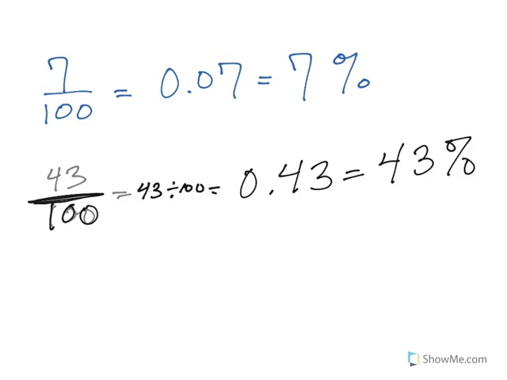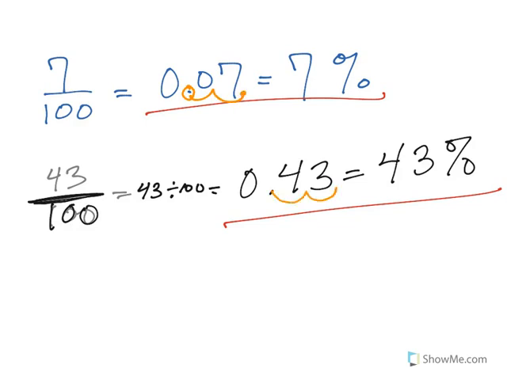So let's look at the connection here between the decimal and the percent. You'll notice if I take my decimal point and I move it to the right 2 places, I get the percent. This is the same as multiplying by 100. If I take 0.07 and I multiply it by 100, I get 7.